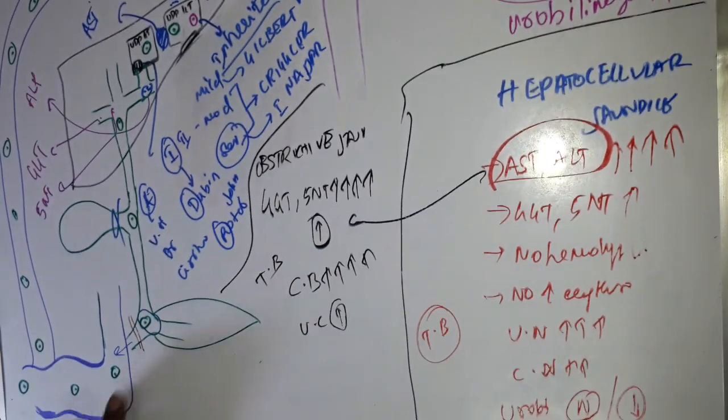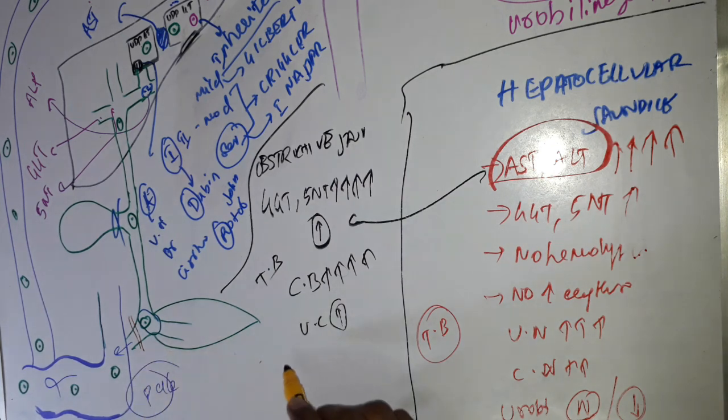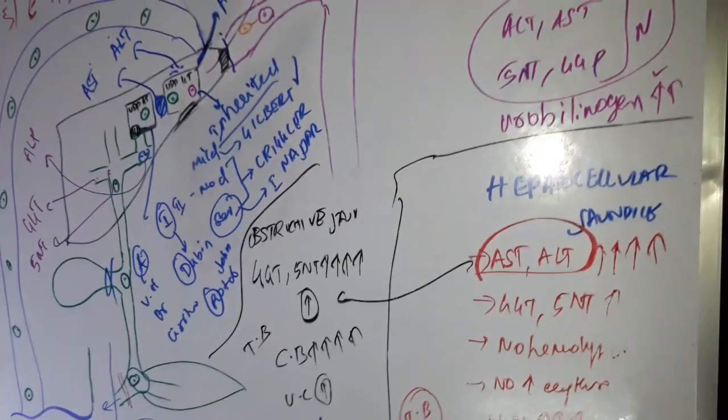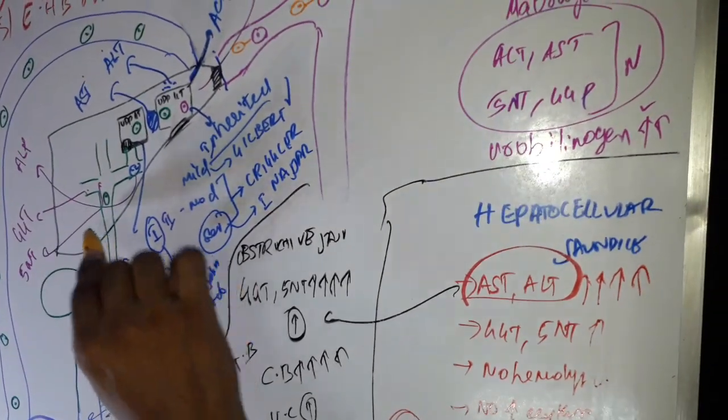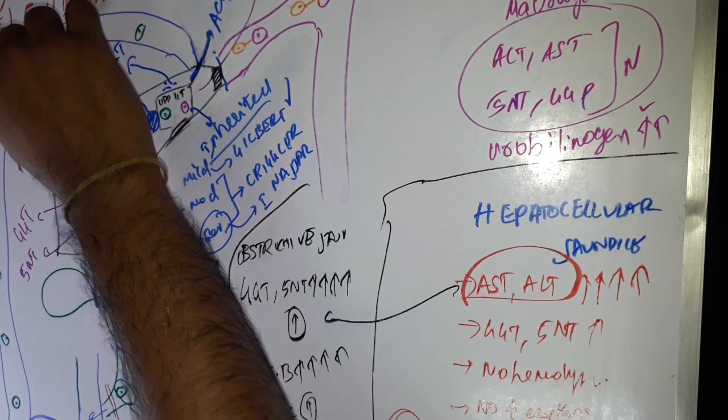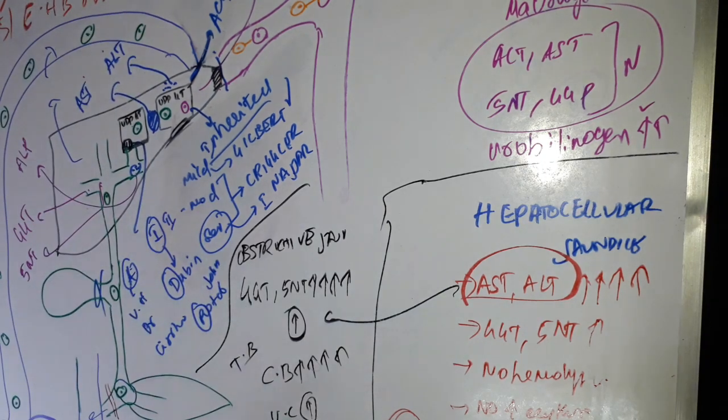So once it is not entering, I'm not going to get any stercobilin, so my feces is going to be pale, isn't it? My feces is going to be pale. And this excess conjugated bilirubin is going to enter my bloodstream. It is going to get excreted into my kidney.